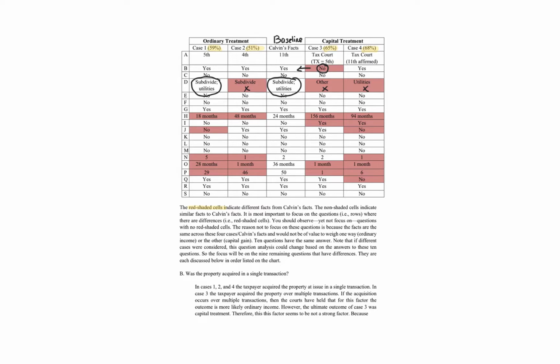That's what we're doing. So anytime we have a question like A, C, E, F, G, K, L, M, R, and S, where for all 4 cases it's identical, we're going to ignore that question.